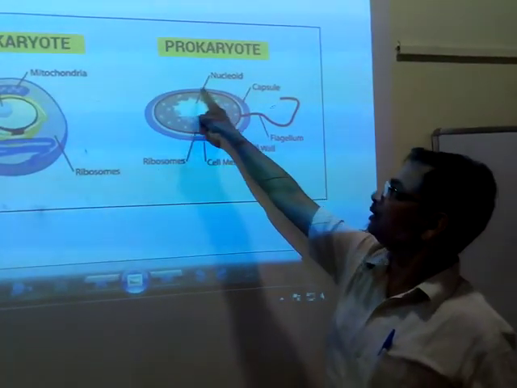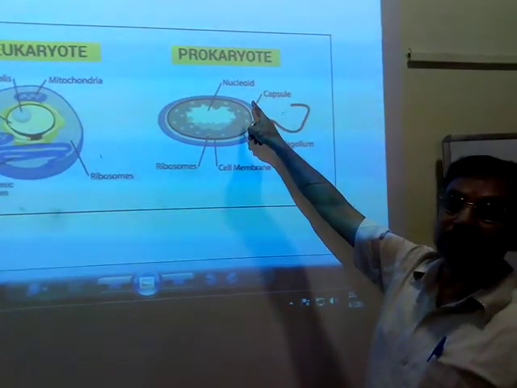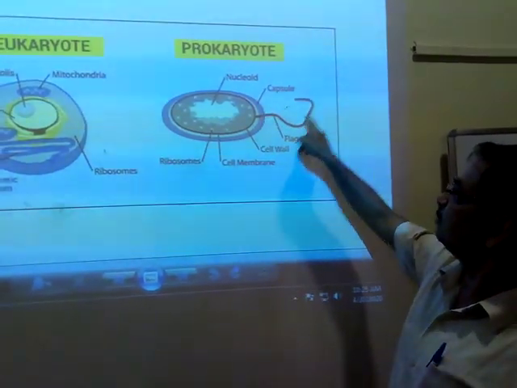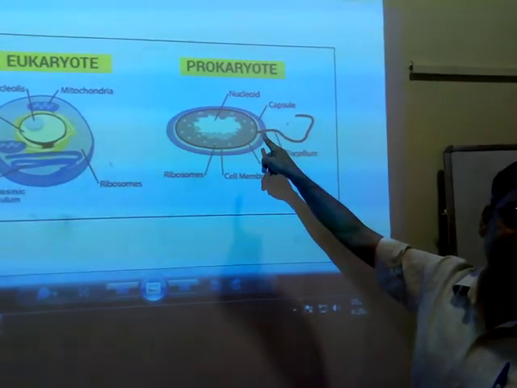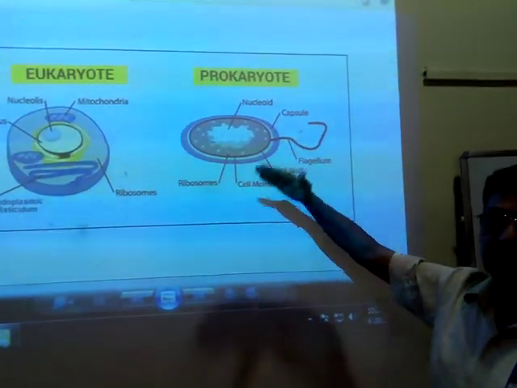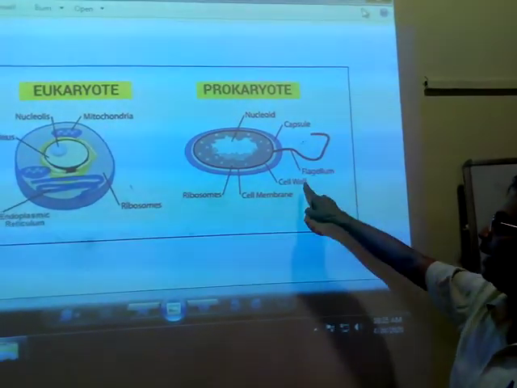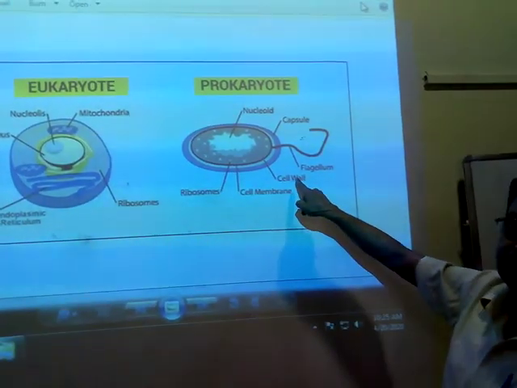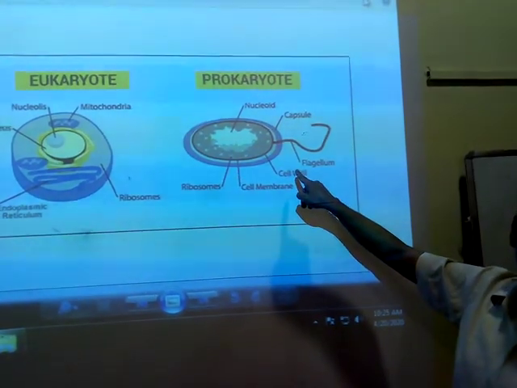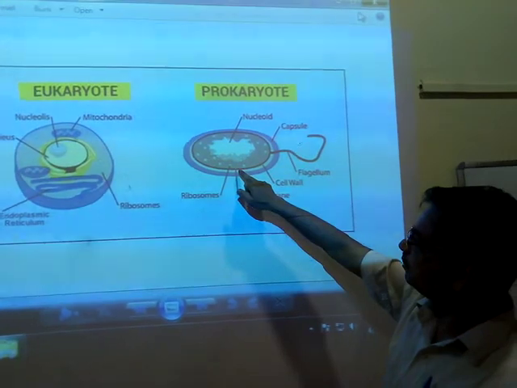This is a capsule, the outer boundary of the cell which protects it from outside, and this is the flagellum, which helps in the movement of the cells from one place to another. This is the cell wall, known as the bacterial cell wall, and inside it is the cell membrane.